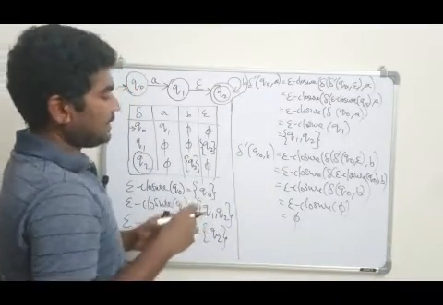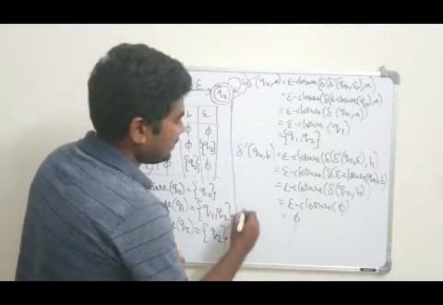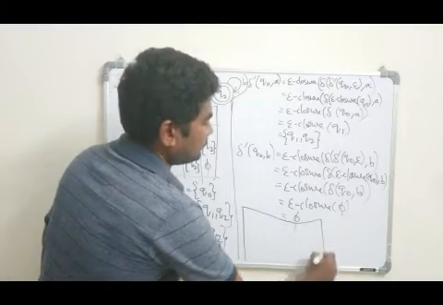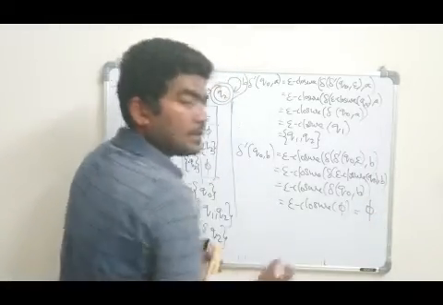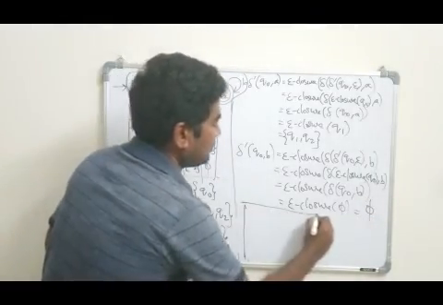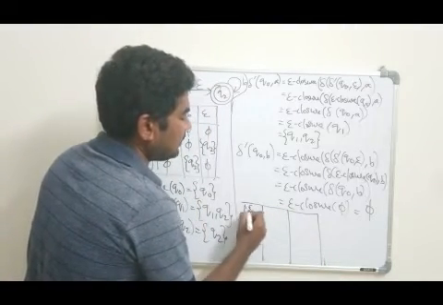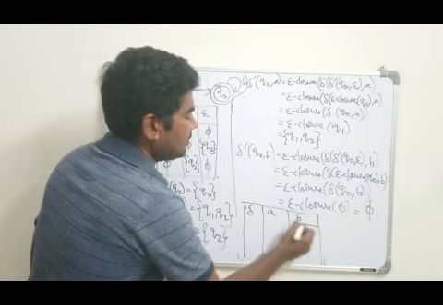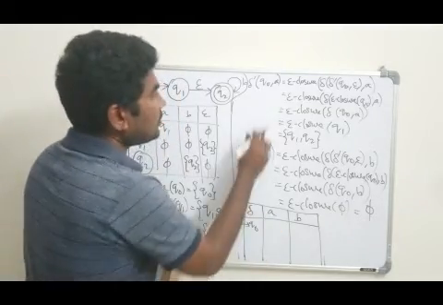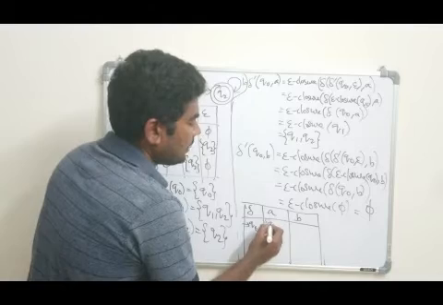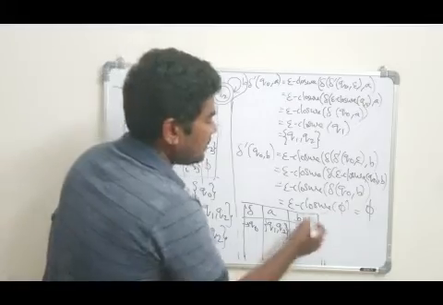Here we'll take the new states transition table. So first is delta, input A, input B. First state is q0, the initial state, and then q0 comma A, we are getting q1 comma q2, and q0 comma B we are getting phi.